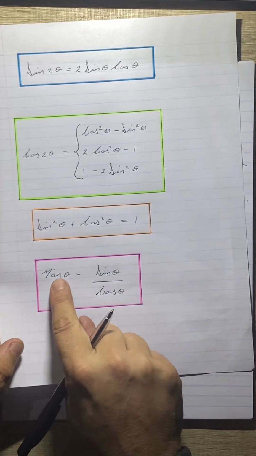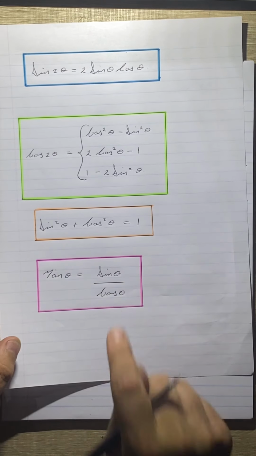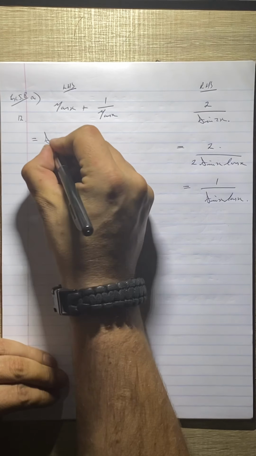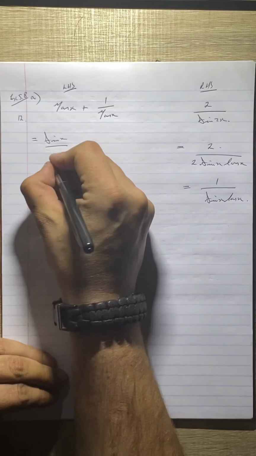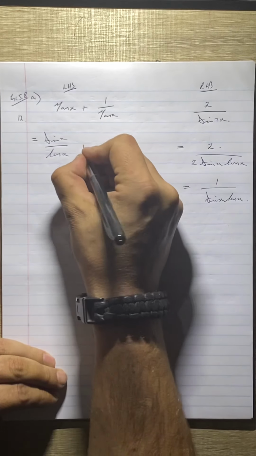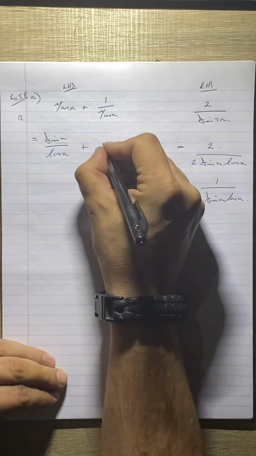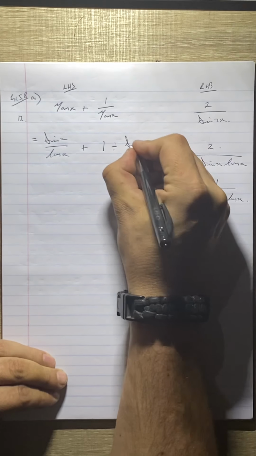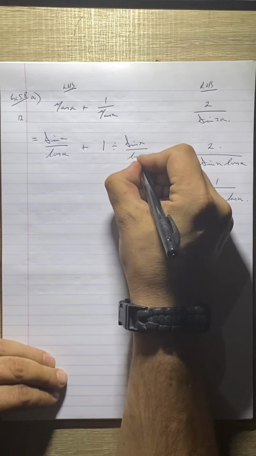Now, on this left-hand side, I'm going to change everything to sine and cos. And I'm going to be using that tan theta is equal to sine theta over cos theta. So over here, we get sine x over cos x plus, now this one I'm just going to split up, 1 divided by sine x over cos x.